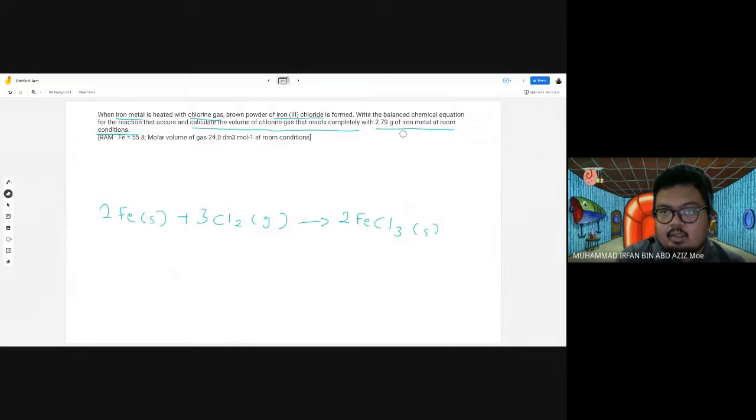Okay, based on maklumat yang diberi. Okay, you need to calculate apa? Okay, dia nak calculate the volume of chlorine gas. And then what information that the questions give? 2.79 gram of iron metal. So nak calculate apa? So nak calculate apa? 2.79 gram tu.